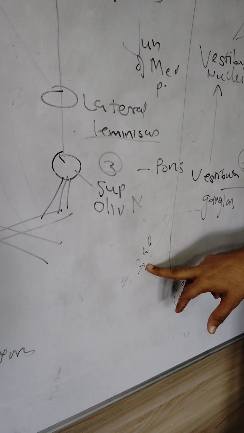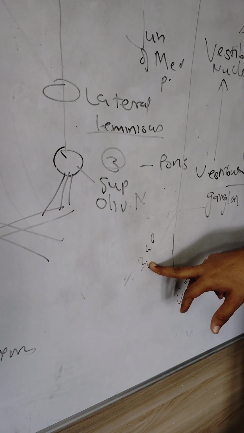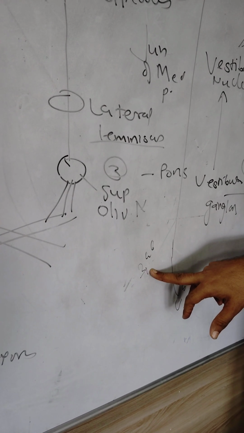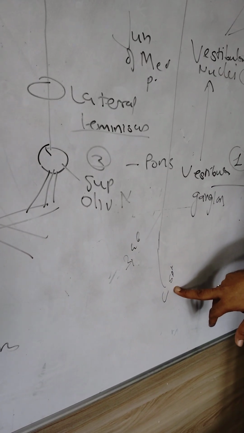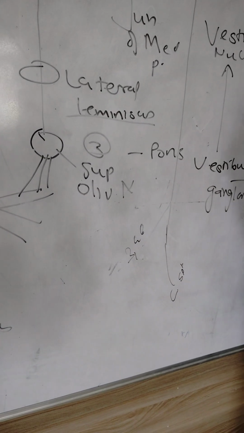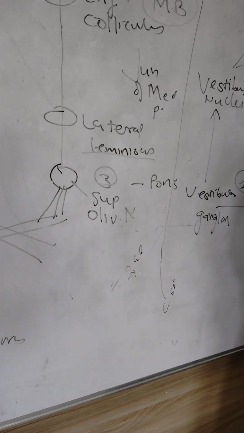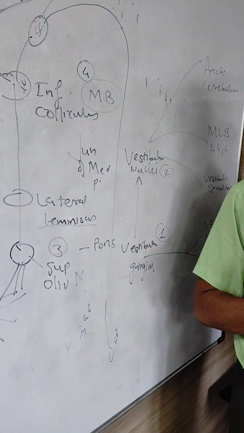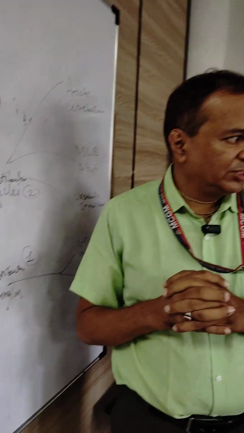Tectobulbar ends in the cranial nerve number 3, 4 and 6 nuclei. That is for turning our eyes towards light. The tectospinal ends on the cervical part of the spinal cord, that is for turning our neck towards the light. That's how, with the help of the tectospinal tract, we turn our eyes and neck towards light.